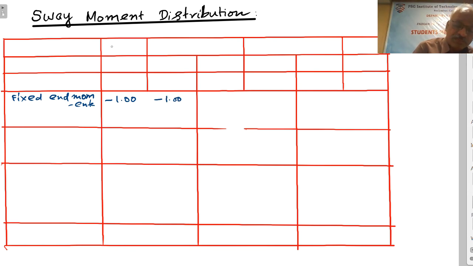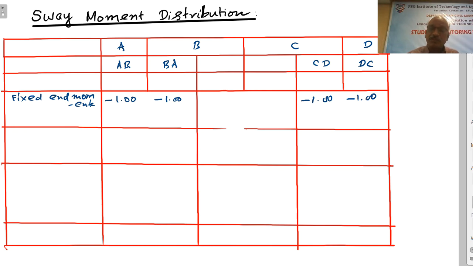So this is only for AB, BA, and CD, DC, only for the columns. So here again minus 1.00, minus 1.00, same value. You can assume 10, you can assume 100, you can assume 1000, no problem. The ratio is to be maintained, any value we can assume. Right. Now for the beam there is no moment, therefore this is 0, this is 0.